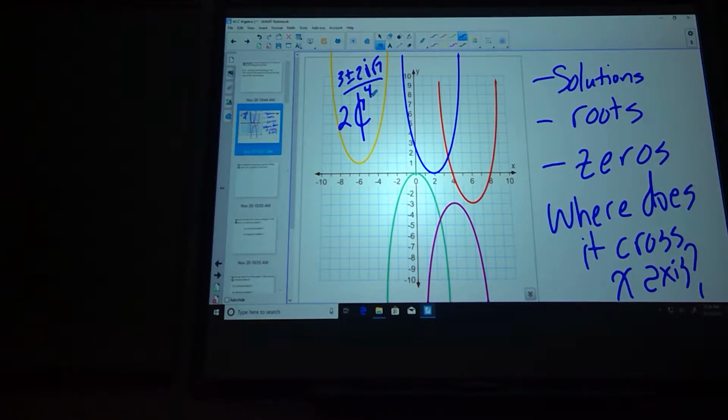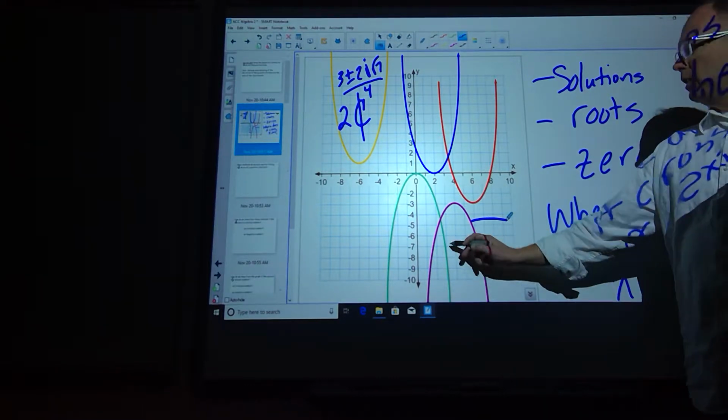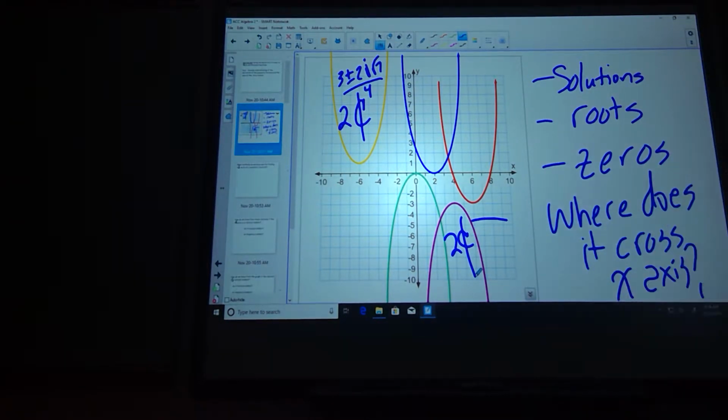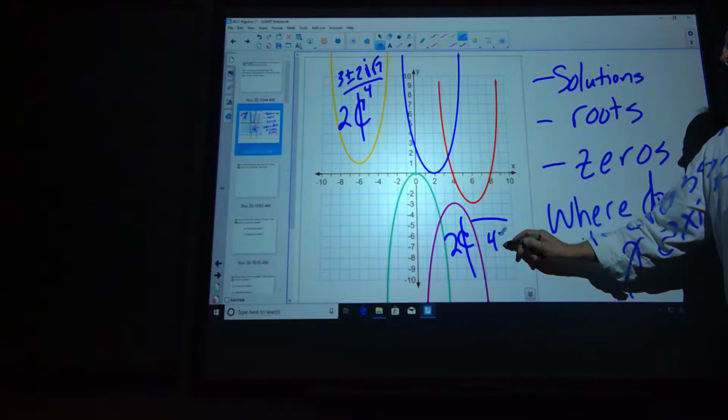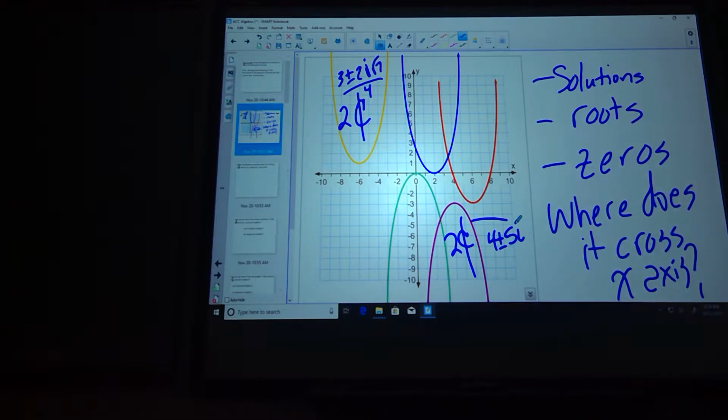It doesn't cross. That's also the same thing as the purple. This has two complex solutions as well because it doesn't cross the x-axis. So this would also have an answer of 4 plus or minus 5i or something like that. It doesn't have to be over with a radical or anything like that.